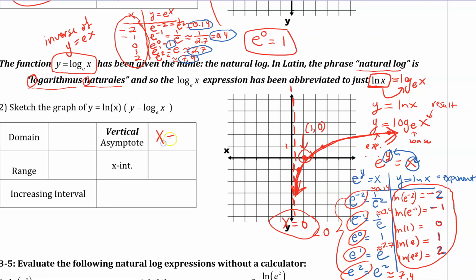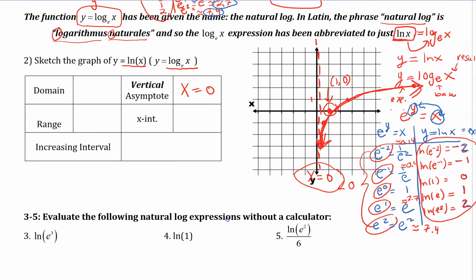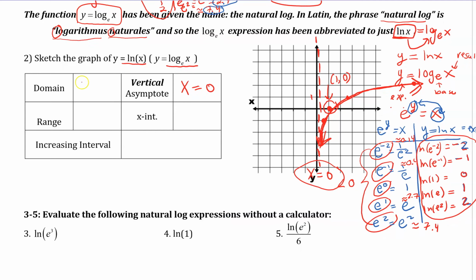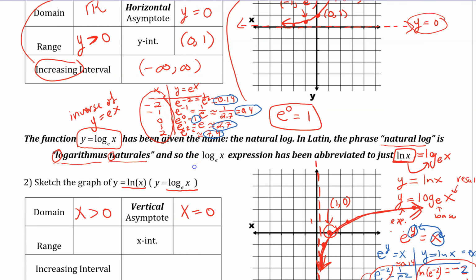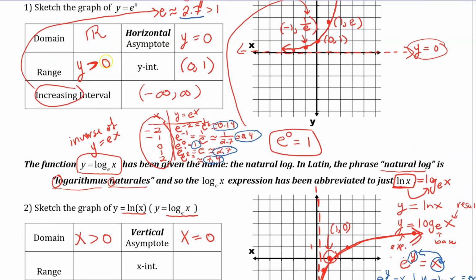So log functions, including log base e, which is abbreviated as ln of x, have a vertical asymptote at x equals 0. So now the domain has to stay greater than 0, because the domain are the results, what you get after you raise e to a power, which is only going to ever be positive. So now the domain and range are switching, right? Before, the range was what had to stay positive.